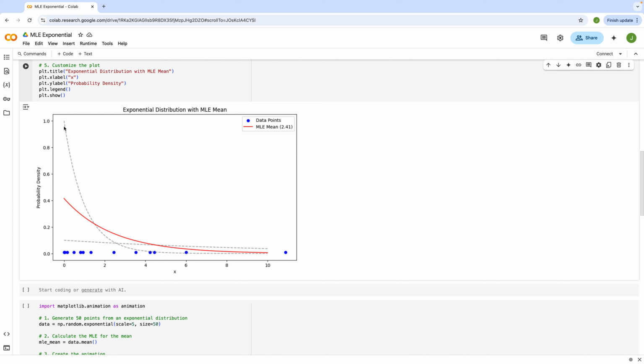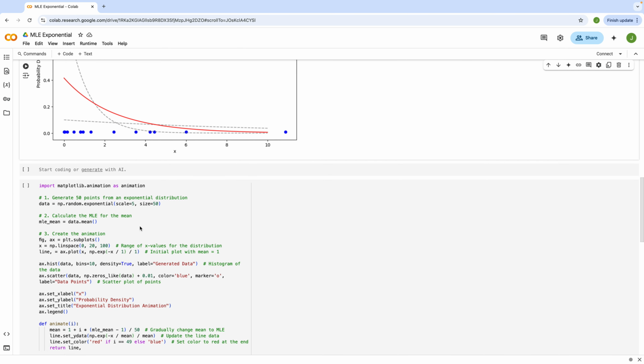Now this distribution that's dashed right here has a high probability of observing these small observations, but it wouldn't be very likely to observe the large observations. And this red line is the one that's most likely to have the data generated from it.